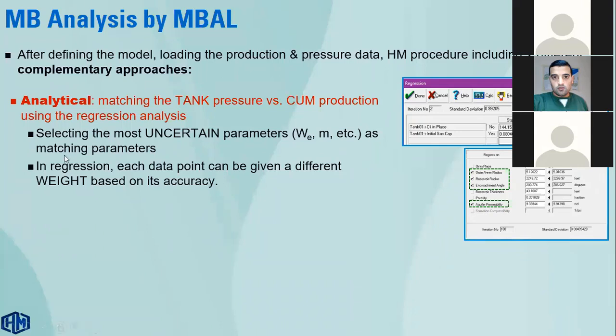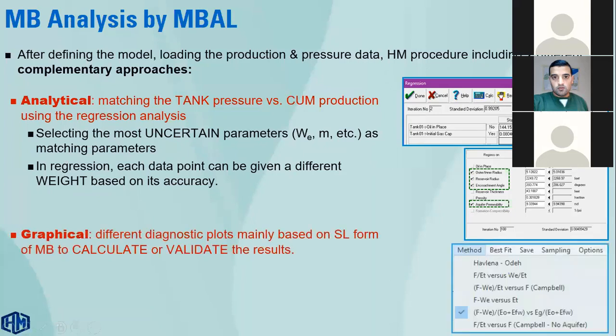The first is the analytical approach, which means matching the tank pressure versus cumulative production using regression analysis. In this case, we select the most uncertain parameter, like W sub E, water influx, M, and so on, as the matching parameter and run the regression.